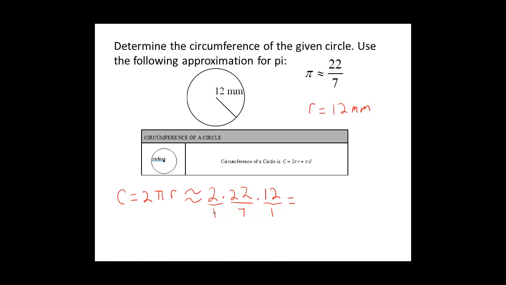There aren't any factors in the numerator and denominator that we can divide out. We have a 7 in the denominator, and there aren't any 7s in the numerator as factors. So we will multiply the numerators together, and we will multiply the denominators together. 2 times 22 is 44, and 44 times 12 is 528.